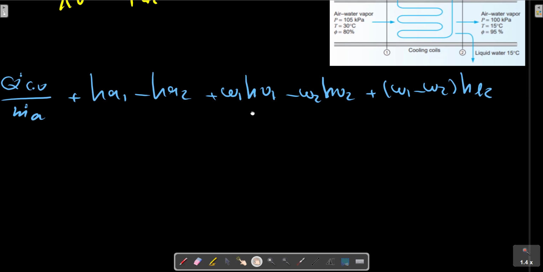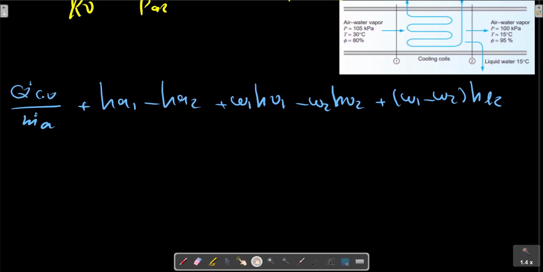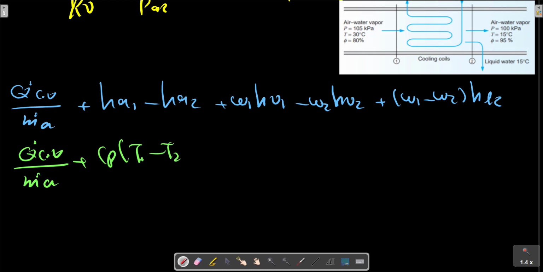From the steam table we can extract this relation: Cp T1 minus T2, omega 1 is calculated. H1, h V1 at temperature and pressure.